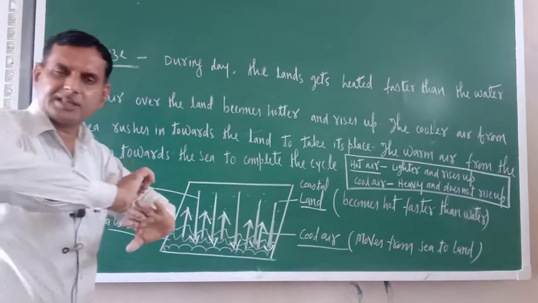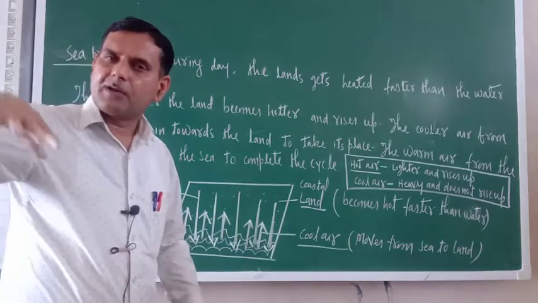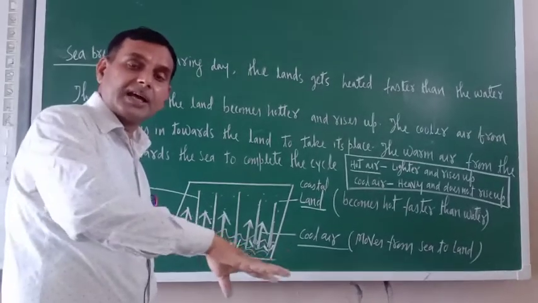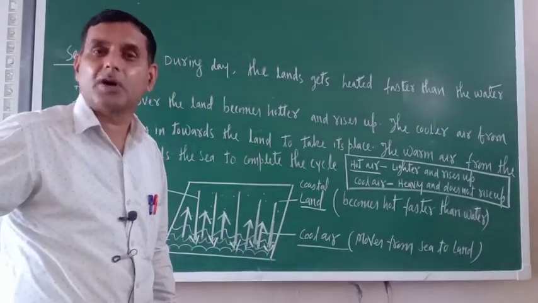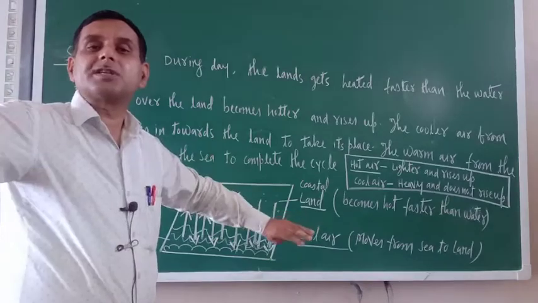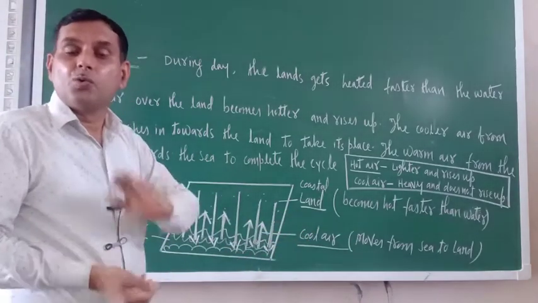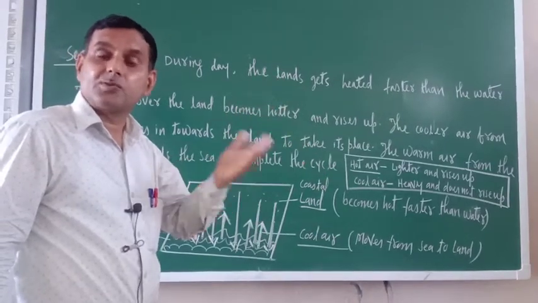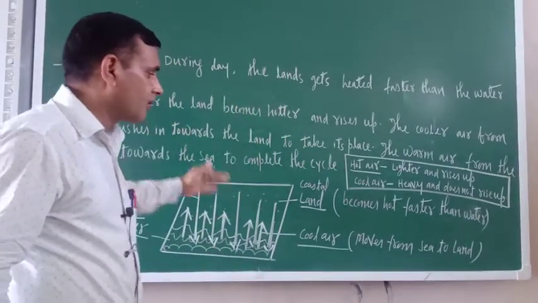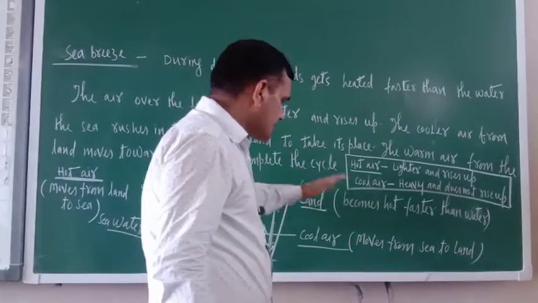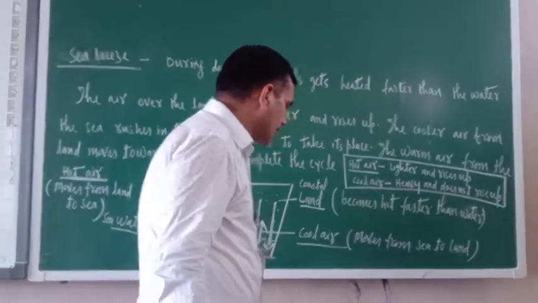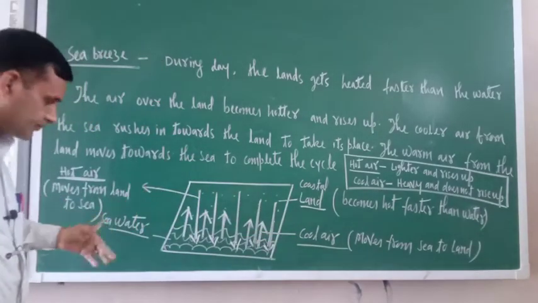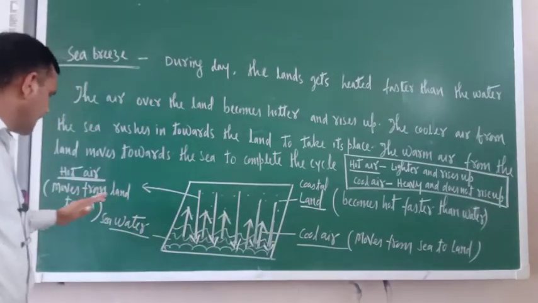So now wind current is generated, two types of current. From the sea side, cool air is moving towards the land, and from the land side, hot air is going to the sea. Just two opposite things are happening. The coastal land becomes hot faster than water, and the cool air will move from sea to land, and hot air will move from land to sea.